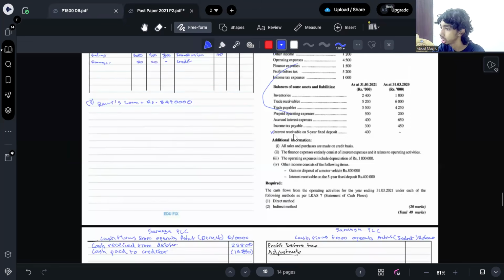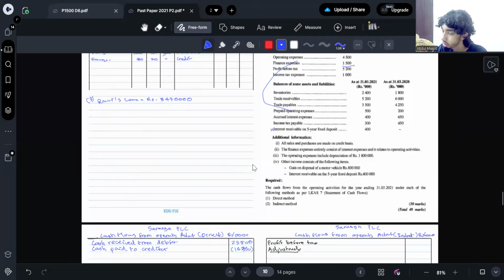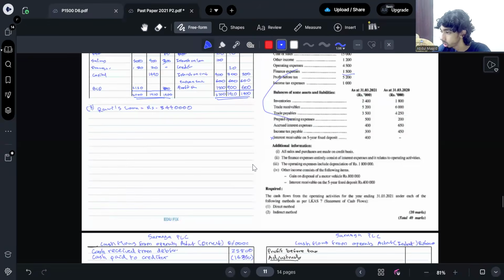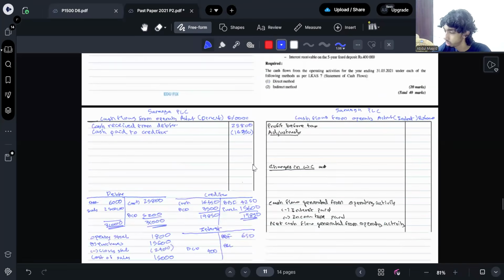Okay, so here there is finance expense 1,500. You can prepare a T account to figure out how much interest was paid during the year. Opening accrued interest payable is 650 in the question. Closing balance is 400. And the P&L finance expense includes the interest expense of 1,500.